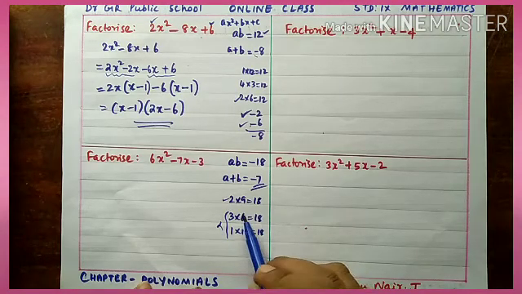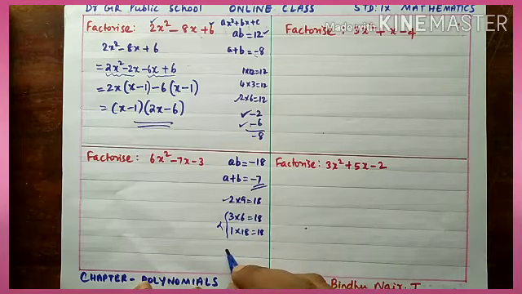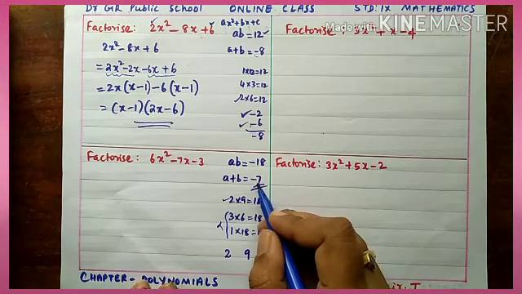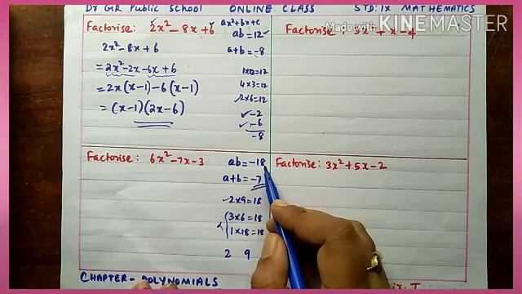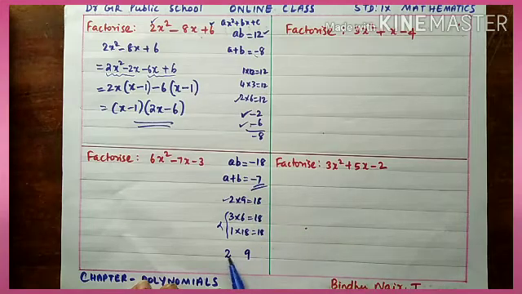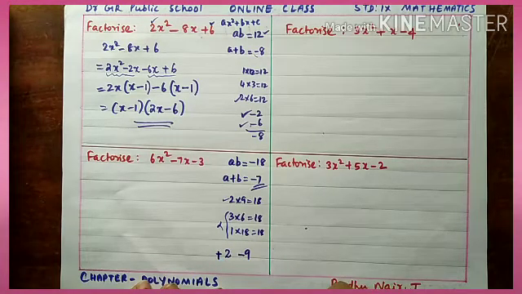Okay, now you want to put the signs properly for these two numbers. You see, 2 and 9 we have taken. We want the sum value minus 7 and product minus 18. So how do you get minus 7 for these two numbers when we add? When we put 9 as a negative value and 2 as a positive value.